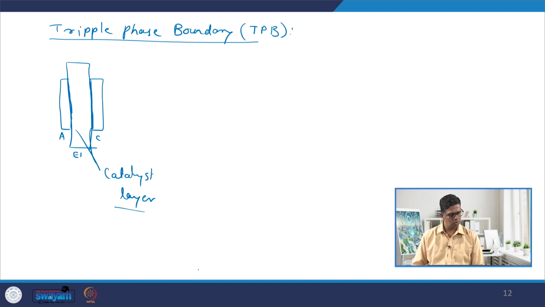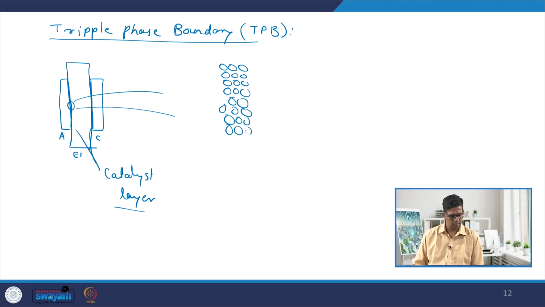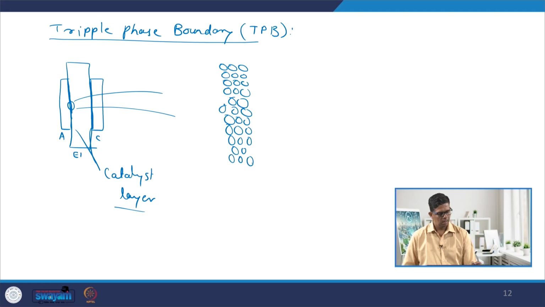So, if we zoom in this area, let us say I zoom in here, at the atomic level we have the catalyst put up like this, and let us say the catalyst is, for example, platinum.